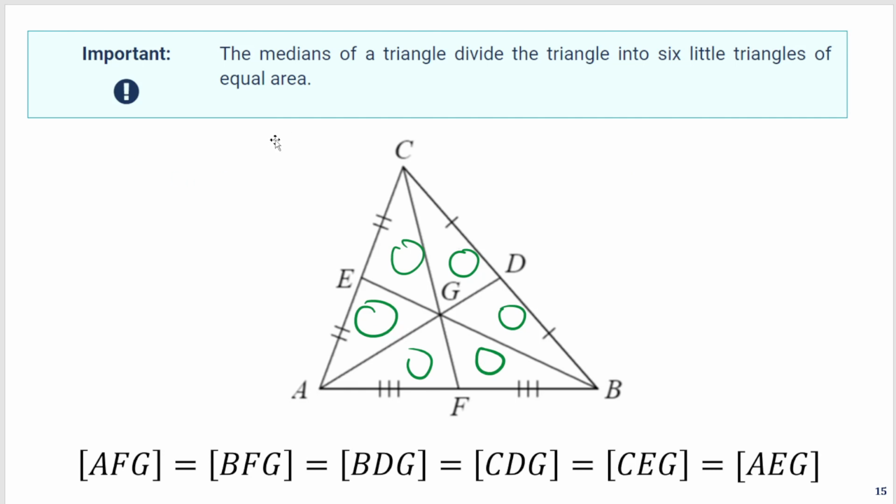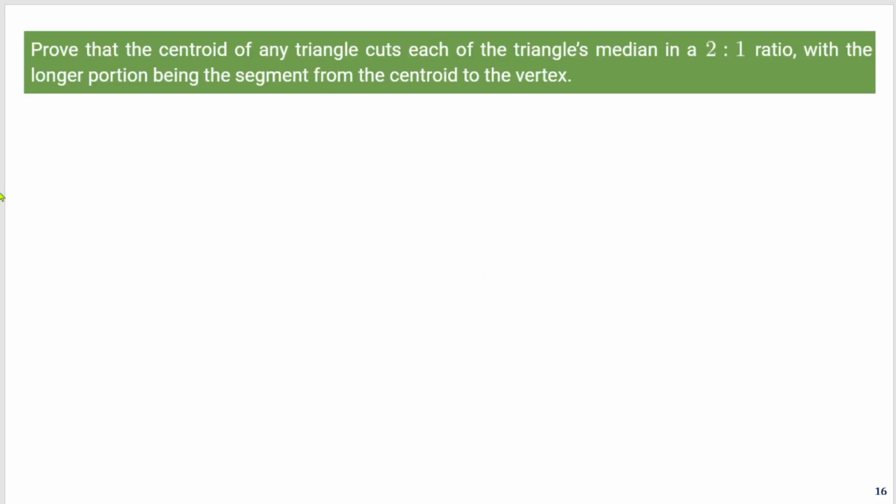And next, let's have a look at another property. Can you prove that the centroid of any triangle cuts each of the triangle's medians in a 2:1 ratio, with the longer portion being the segment from the centroid to the vertex?